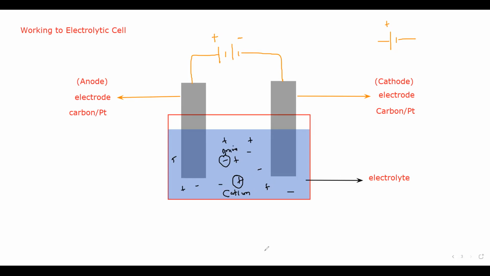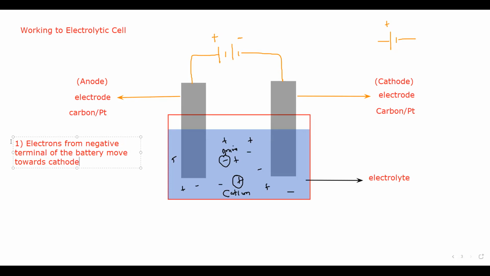So this is the label, but now how does the electrolytic cell work? First, what happens: number one, electrons from the negative terminal of the battery move towards the cathode.